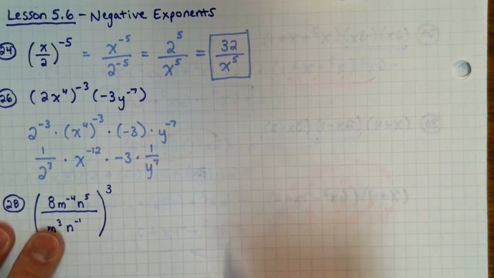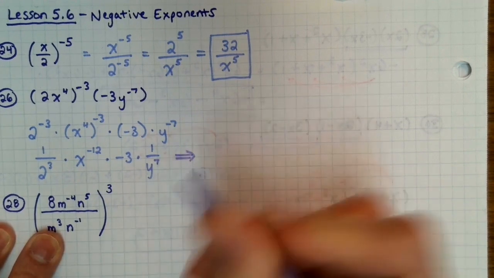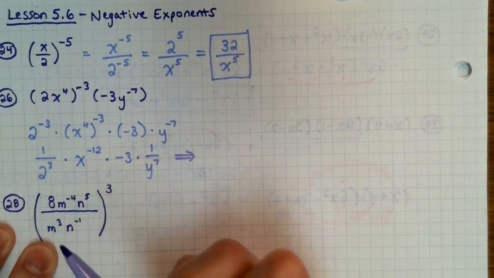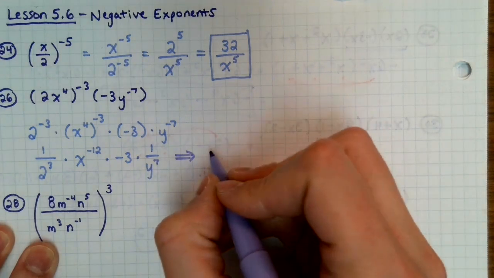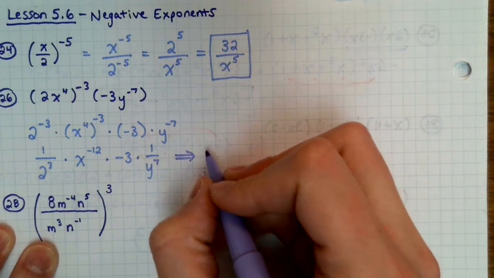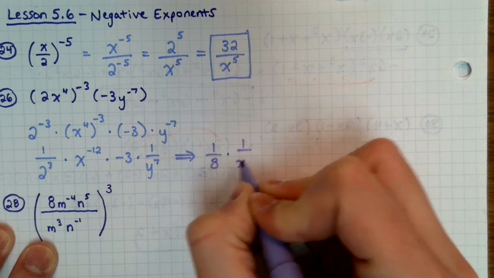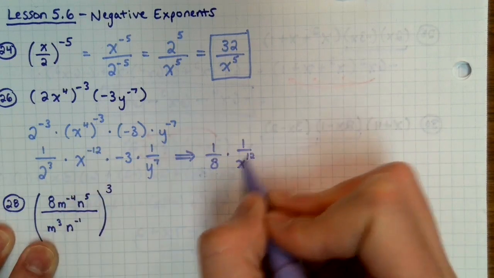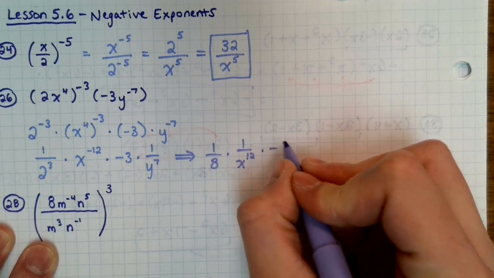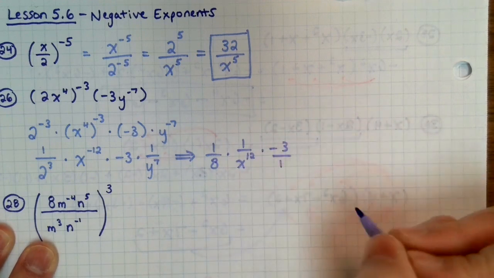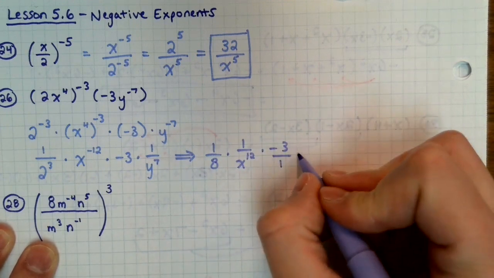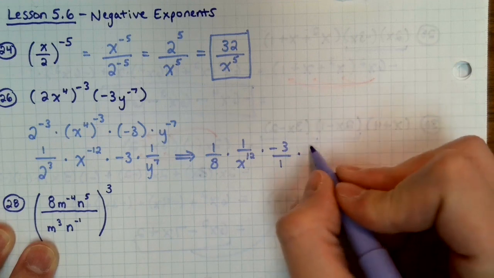Moving along, this 2 to the 3rd power we can actually evaluate. That's going to be over 8 because 2 times 2 times 2 is 8. So we're going to have 1 over 8 times 1 over x to the 12, because again we flip this part so that it's underneath, times negative 3, which we can think of as being over 1. That might help us to consolidate this all into one product here.